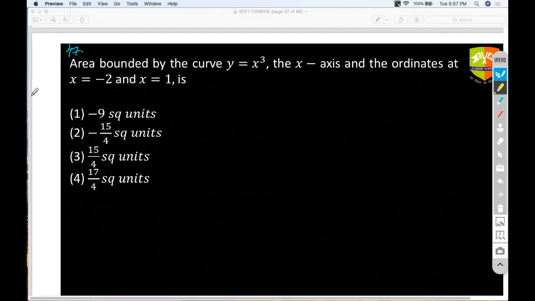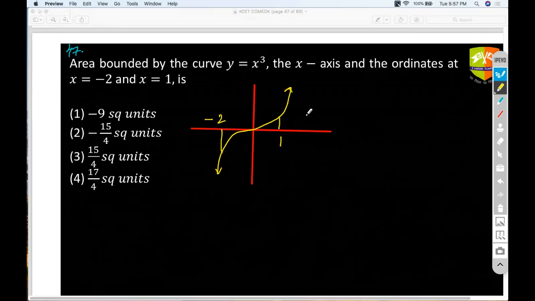Yeah, pretty simple question. So x cube, this is the graph. And you want to find out the area trapped between -2 and 1.